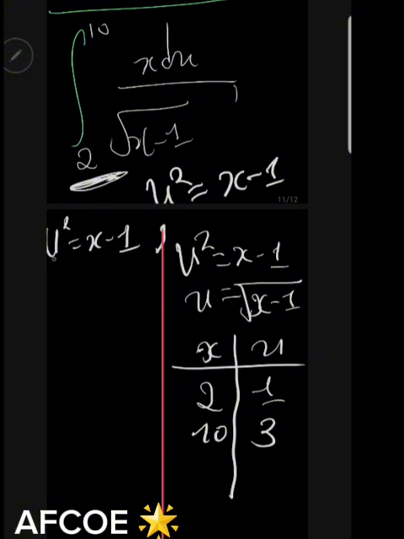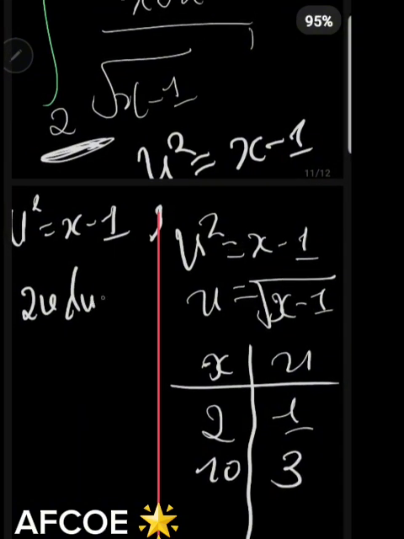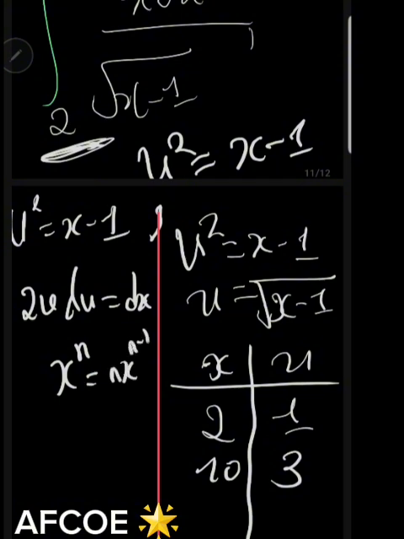If we differentiate this, the derivative of u squared is simply 2u du. That has to be equal to dx, the derivative of x. The derivative of x to the n is simply n x to the n minus 1. So our n here is 2, so we bring down the 2, and then 2 minus 1 is 1, so we just get 2 into u to the power 1, which is just u.